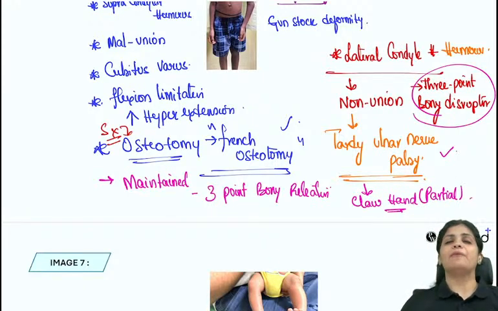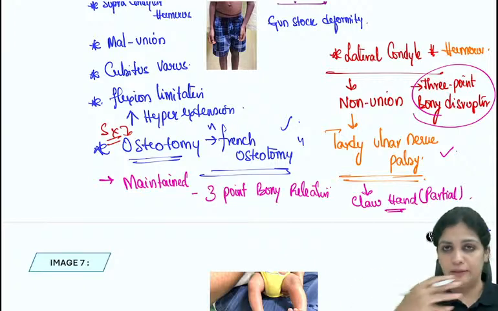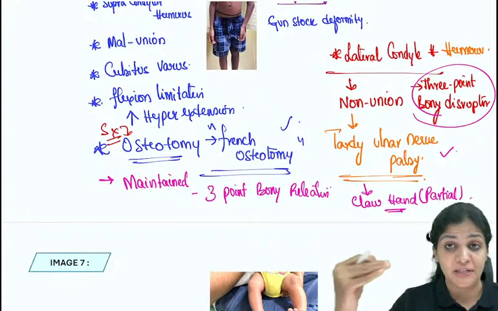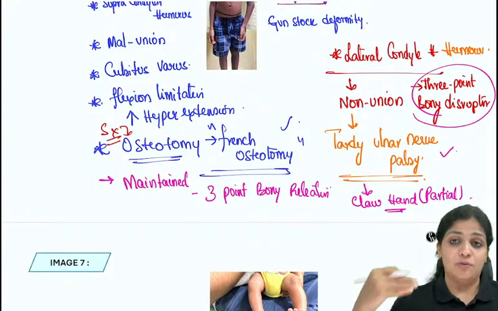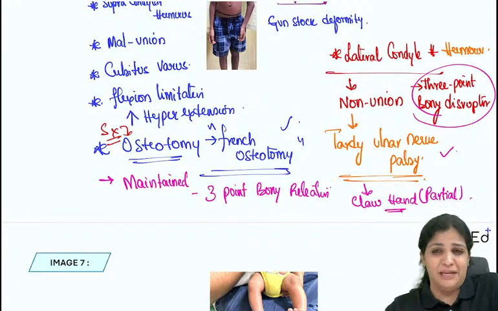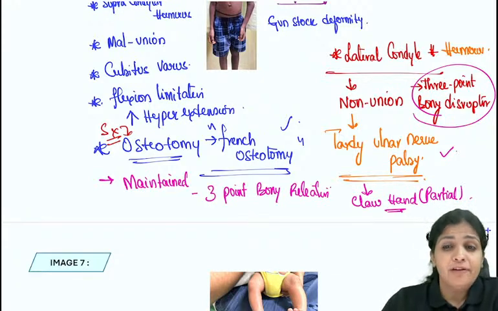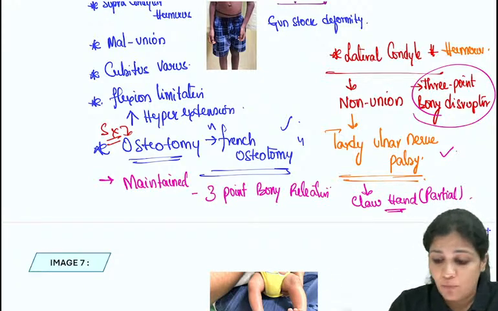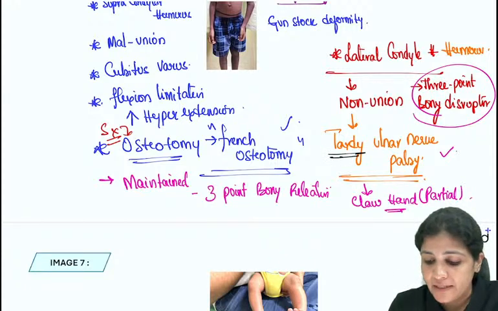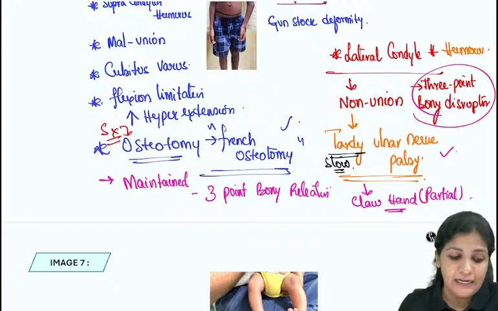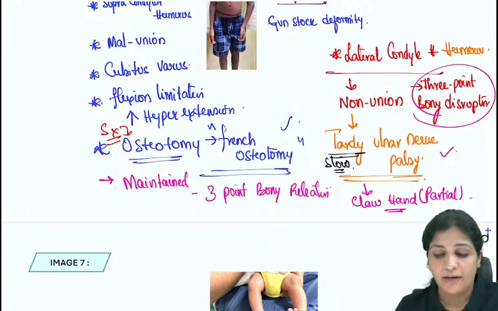On probing the history, they will tell you that this patient had a fall, and it was treated somewhere else some 10 or 15 years back, and now he develops this ulnar palsy. What is the meaning of tardy? Tardy means it is a slow ulnar palsy. So that is the tardy ulnar palsy in case of lateral condylar fracture humerus.